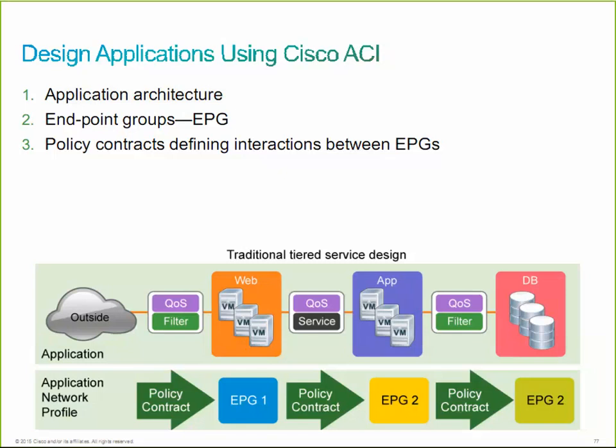An EPG is an endpoint group, and so the policies are going to contain those EPGs. We'll talk a little bit more about EPGs as we move into the details here.